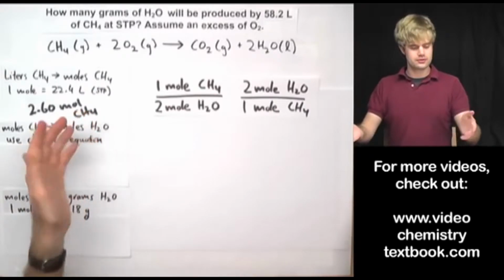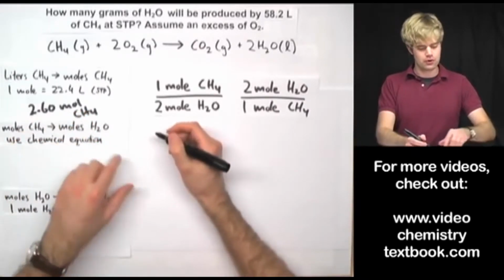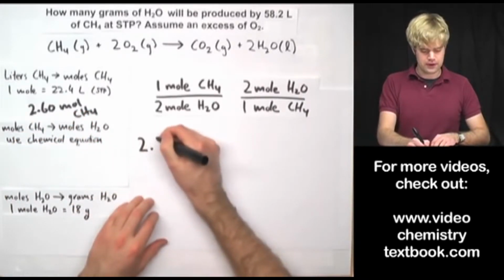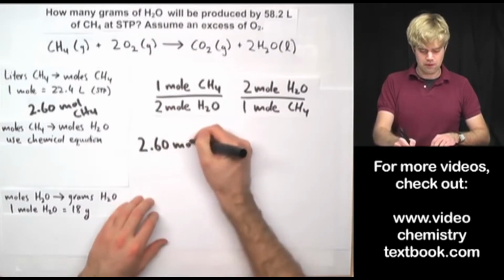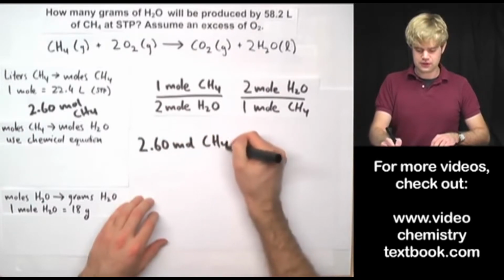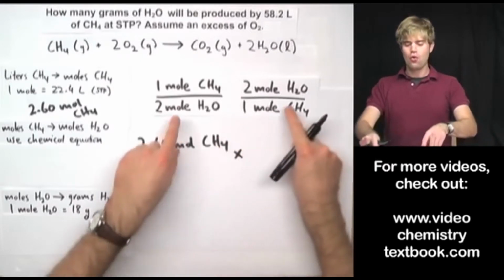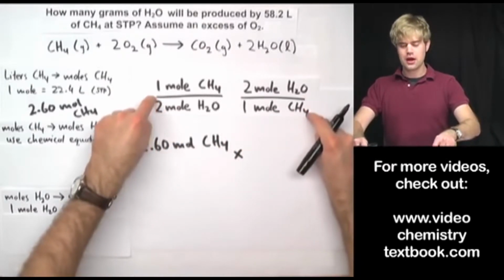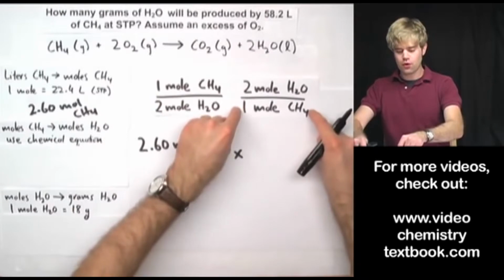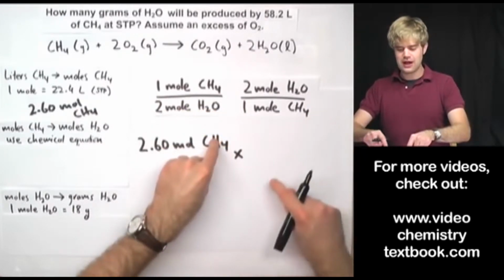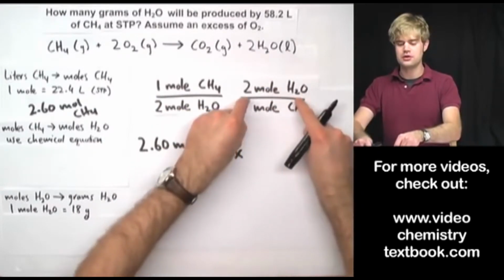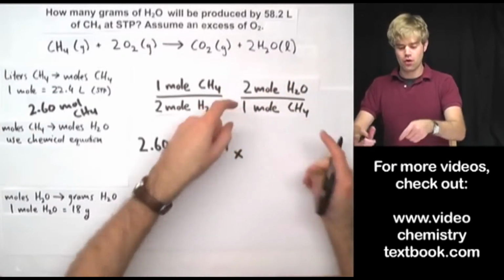Which one do I want to use? Well, I have to start with my moles of CH4, 2.60 moles of CH4 times which one of these do I want to use? I want to use the one with CH4 on the bottom so that it will cancel out those units and it will leave me with units of moles of water.